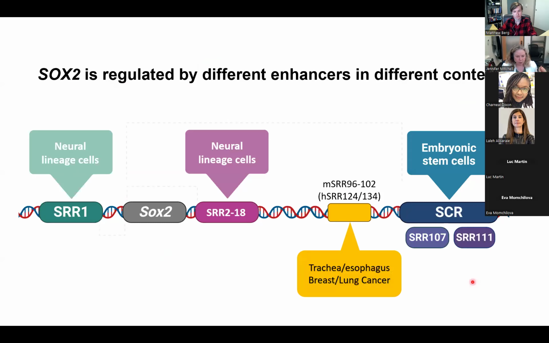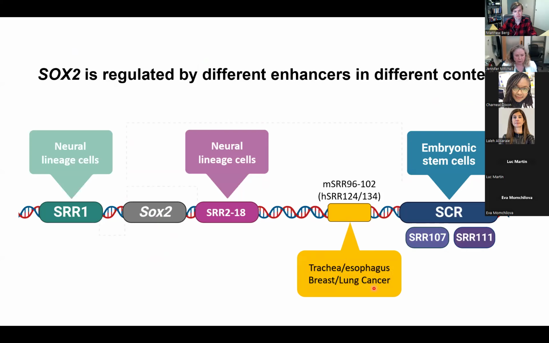Okay, so in summary, I've shown you that for SOX2, there's a number of different enhancers that are regulating the expression of this gene in different contexts. Close to the gene are enhancers involved in neural lineage commitment and neural lineage phenotypes. Further downstream is this embryonic enhancer that's required during early development.